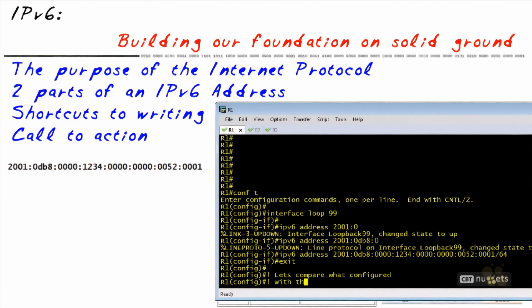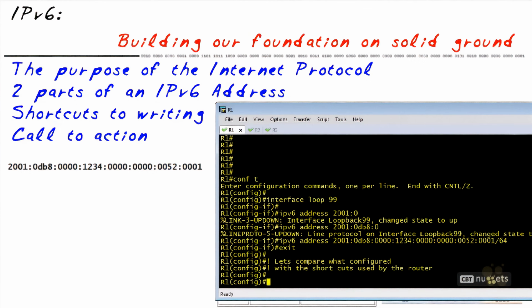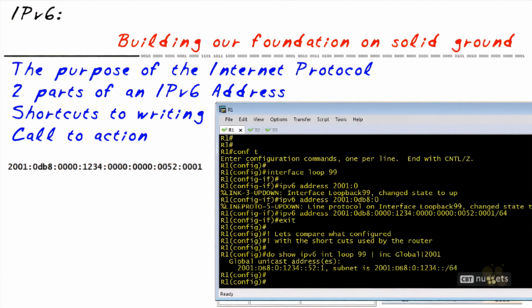If I want to do a do command there, I'm going to say, please show me the IPv6 interface of loopback 99, and then I want a pipe to only include the output that involves a line with the word global or includes the word 2001, which happens to be the IP prefix that I used for that network. Why am I doing that? I'll tell you exactly why. There's a whole boatload of output that command otherwise is going to share with you. And I want to focus singularly here on the basics of the IPv6 address in this nugget.